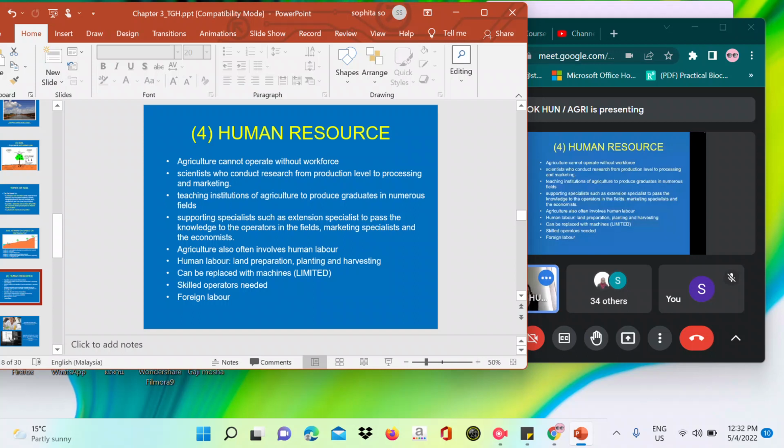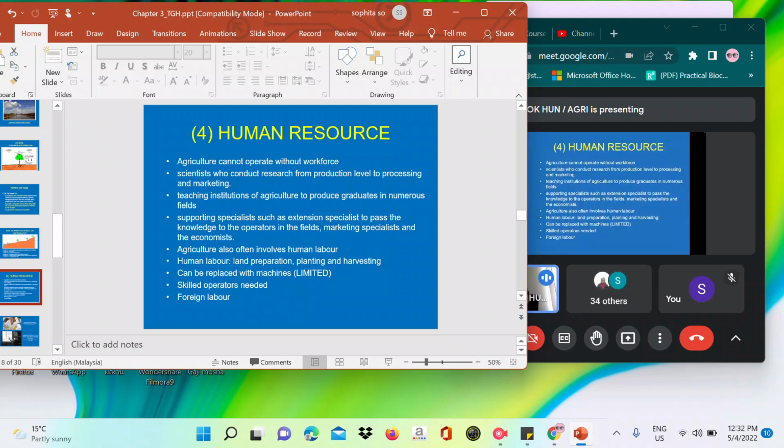Teaching institutions of agriculture produce graduates in numerous fields. So teaching also has an important role in how to handle production or plantation. The teacher teaches you how to do this, how to do that.